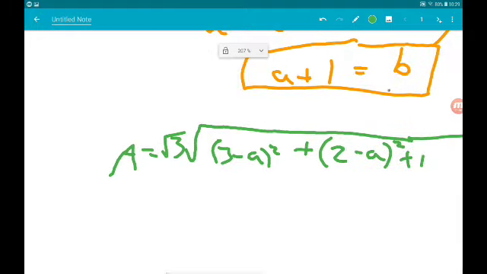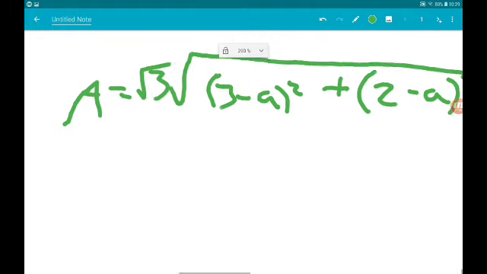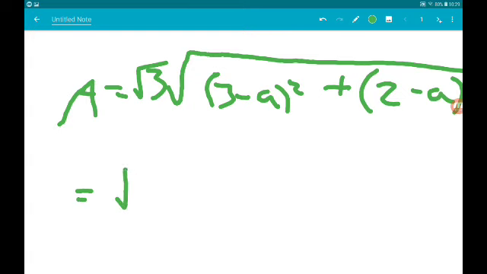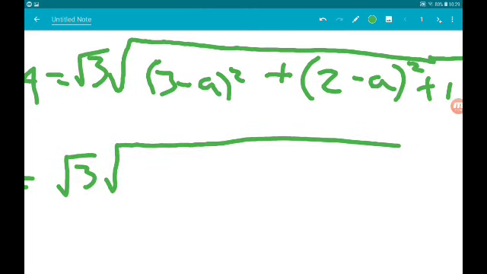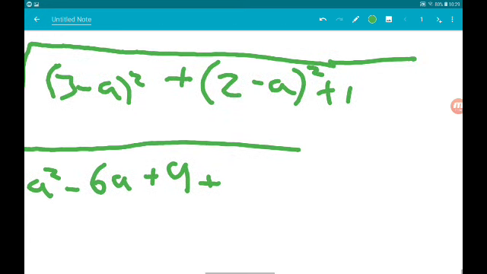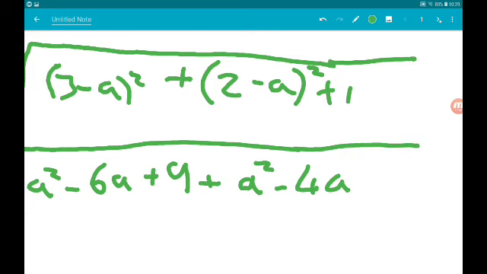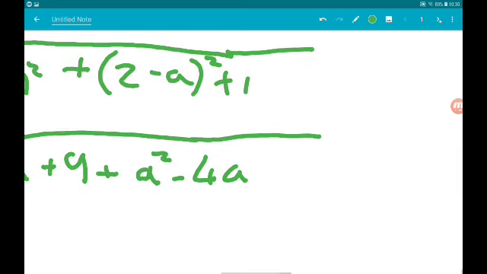Okay, so the area is root 3 times the square root of a squared minus 6a add 9 and a squared minus 4a add 4 add 1.